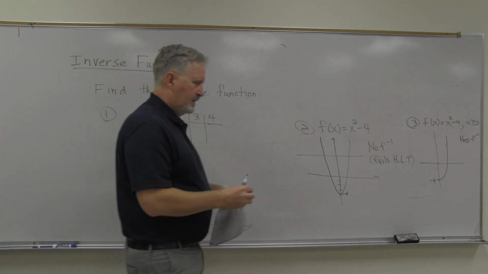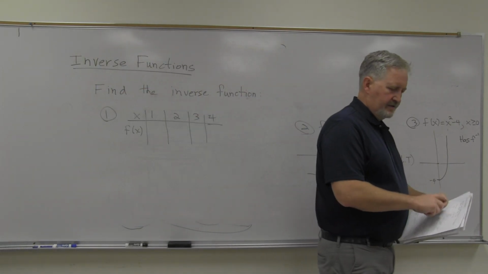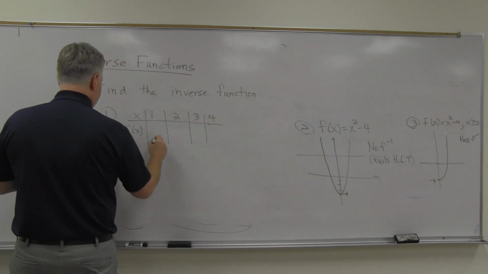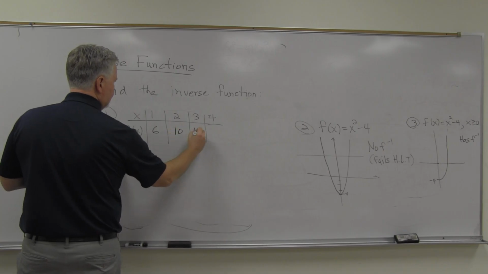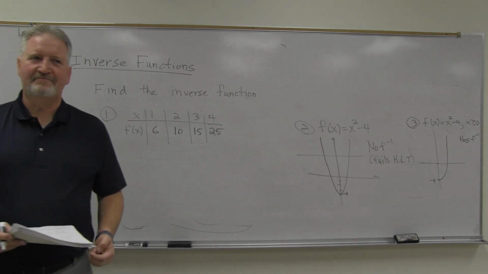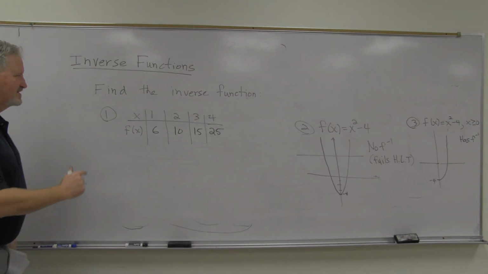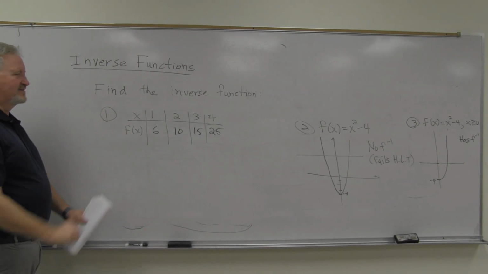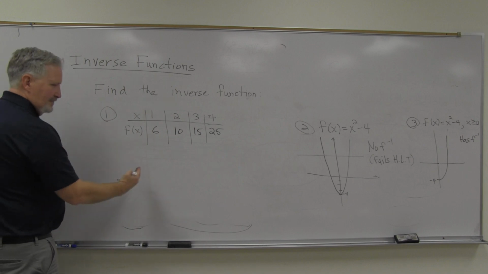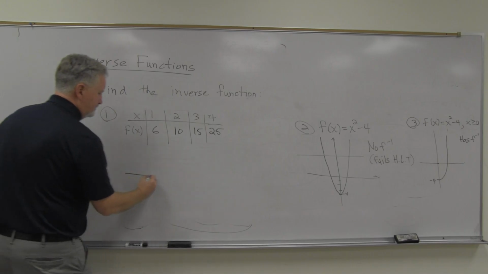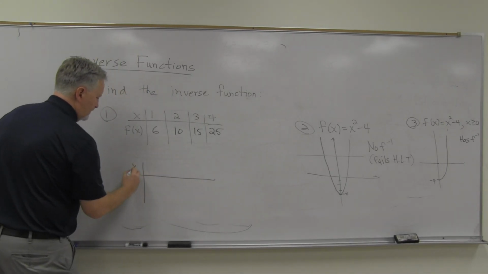And f of x is 6, 10, 15, and 25. So what they want us to do is find the inverse function. Well, find the table. We're not going to actually find the expression. Let's find the table for my f inverse, the f inverse table that goes along with this.